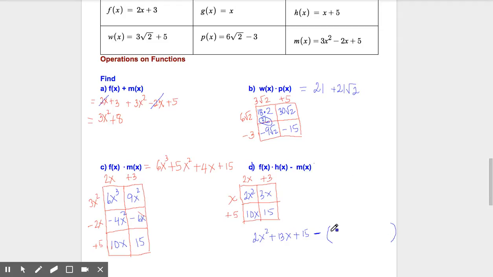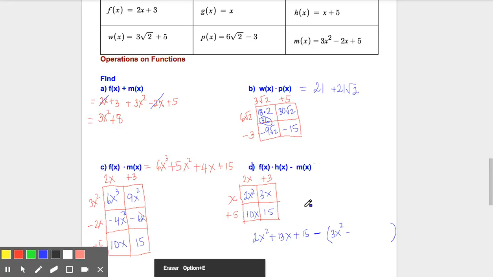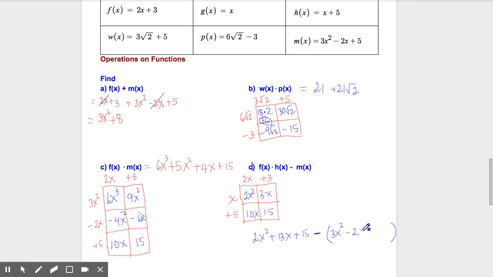So we'll have here 3x squared minus 2x plus 5. Okay, so now we are going to simplify.